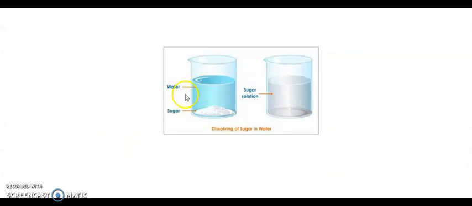When there is just a little sugar in water, it's called a dilute sugar solution. So this water is not very sweet. If we add more sugar, adding more sugar makes the solution more concentrated and also sweeter.